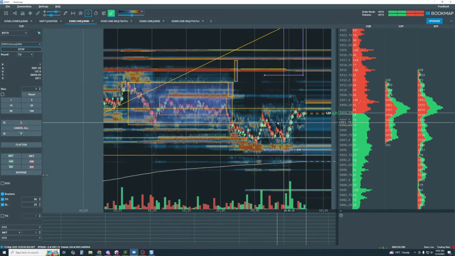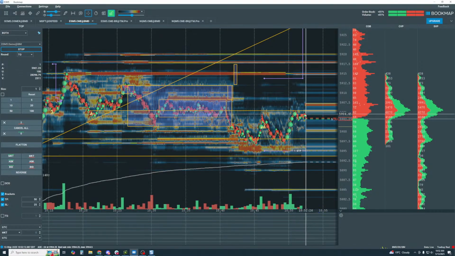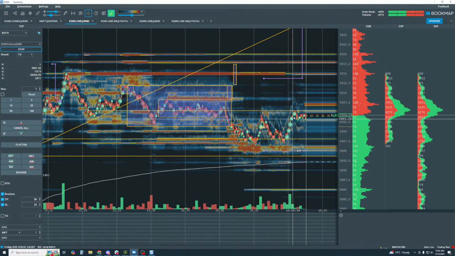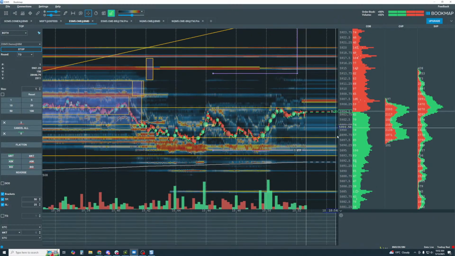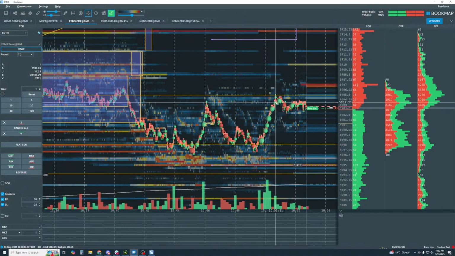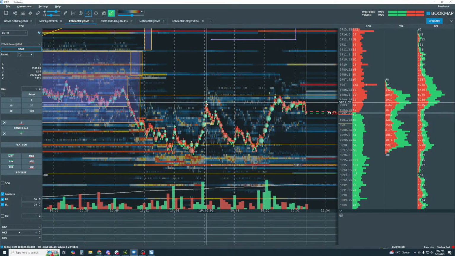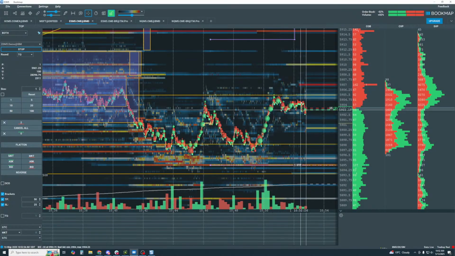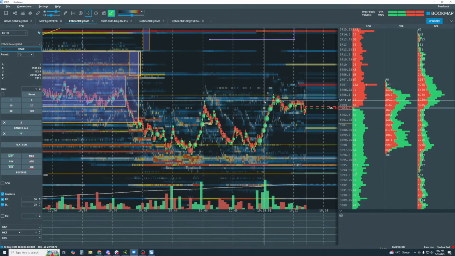I'm going to hold off on it though. I don't know if these sellers are done yet, but buyers are coming in. See how this one is much better, consistent buying all the way up, where this one tapered off. So we're looking for that kind of strong move.